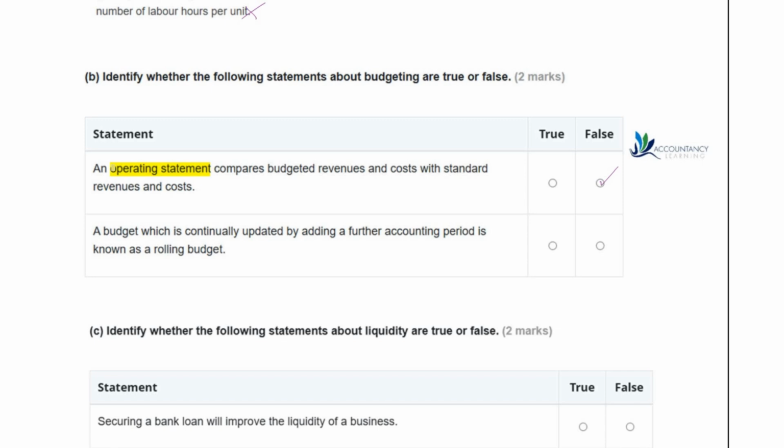There is no comparison to the budget. A budget which is continually updated by adding a further accounting period is known as a rolling budget. So this is true. This is when we continually extend the accounting period, so we add one more on so it rolls along. So that is known as a rolling budget.